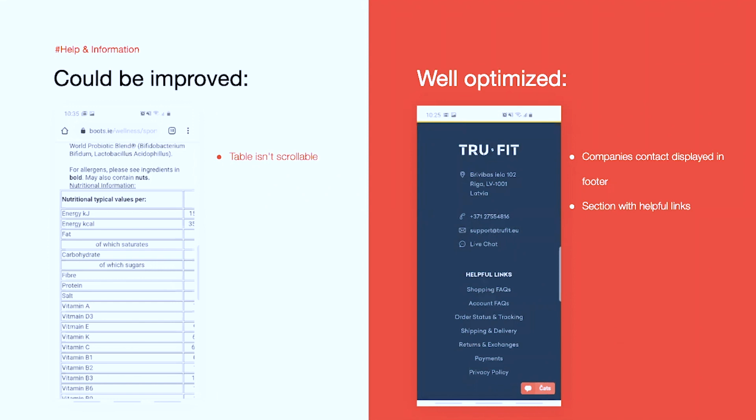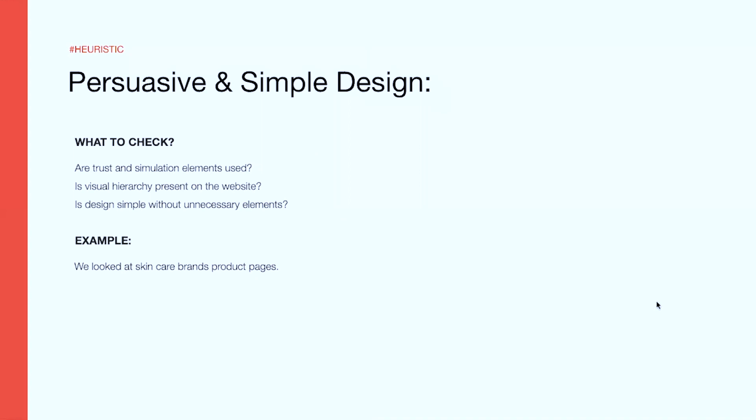So this is kind of an example of how we evaluate help and information. On the website, of course, there are many more checks, but just to give you an idea of how it looks and works.